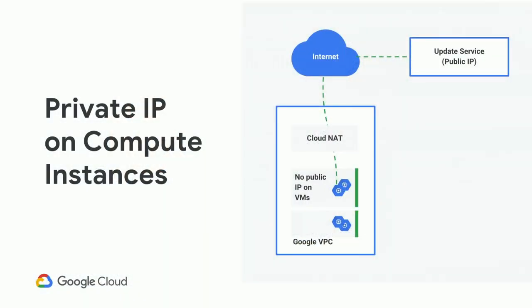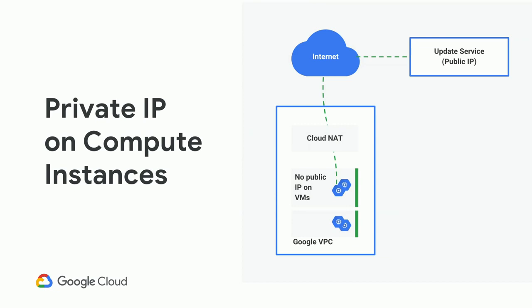Awesome. So now let's take a little bit deeper dive into some of these solutions. So when you spin up instances in your VPC, first thing you're going to do is give it a private IP, and then you have an option to add a public IP. Once you assign a public IP to an instance, remember, this instance is accessible from the rest of the world.